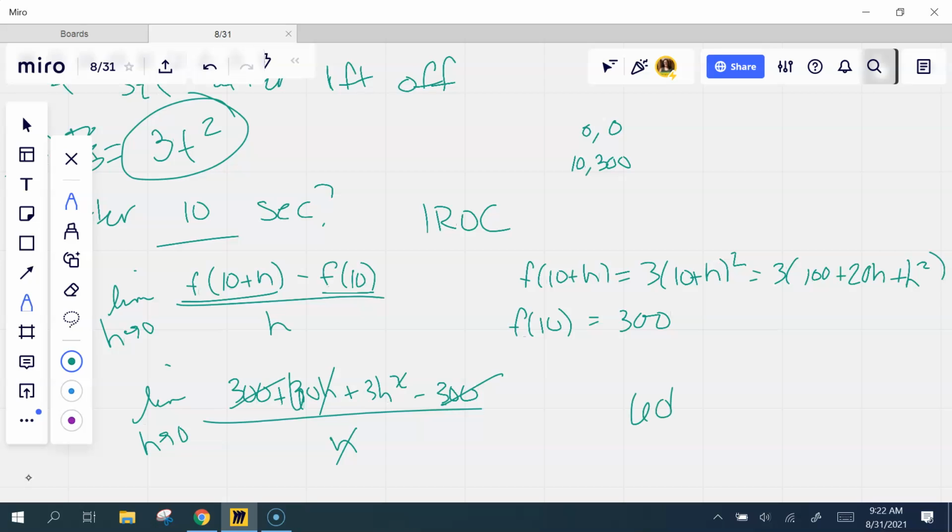So it's 60 plus 3h, and then you put the 0 in. And that, of course, is in, I told y'all I wasn't doing this one for you, and we did it anyway, meters per second. Nope, feet per second.